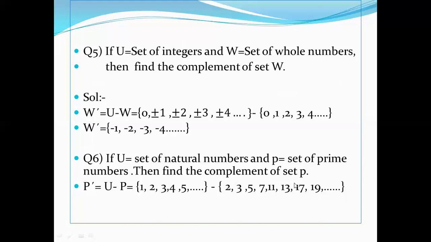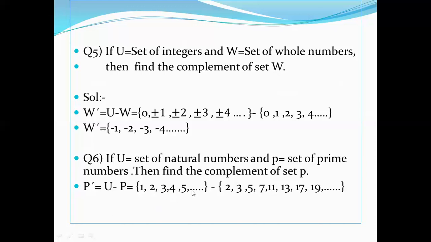So if you subtract prime numbers from the natural numbers, what will be left? 1 will come in the complement set because it will not be subtracted. 2 will be subtracted. 3 will be subtracted because 2 and 3 are present in this set. 4 will not be subtracted; it will come in P complement. 5 will be subtracted.